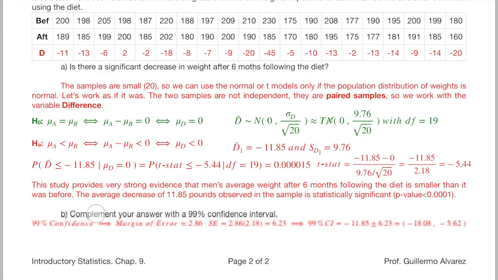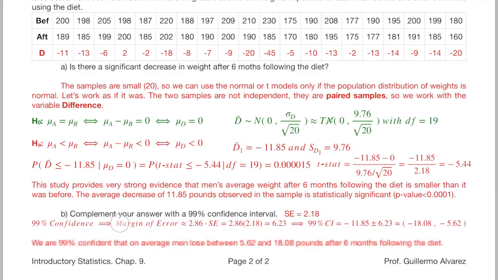Letter B. Complement your answer with a 99% confidence interval. Here I ask for 99% confidence just to make it different, so we don't work all the time with confidence level 95%. For 99% confidence in a t-model with 19 degrees of freedom, we must use 2.86 standard errors. Again, you can get this multiplier with a t-table or a t-calculator, as I explained before.